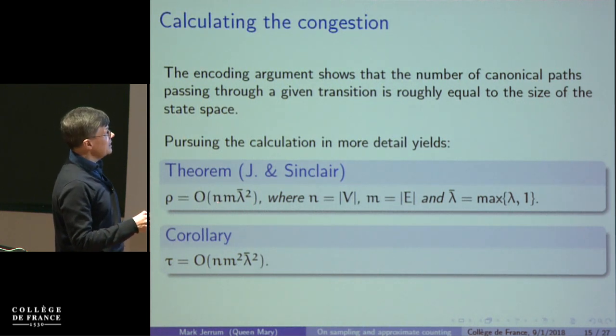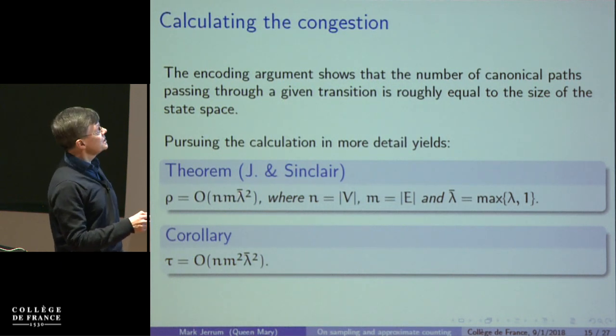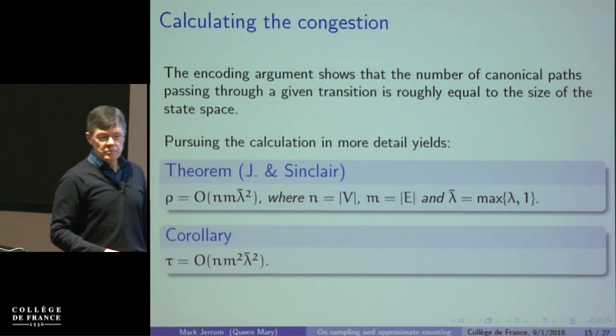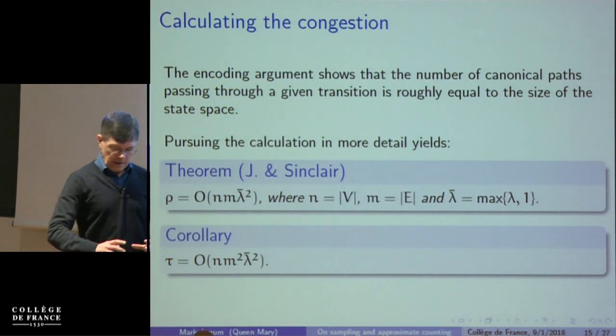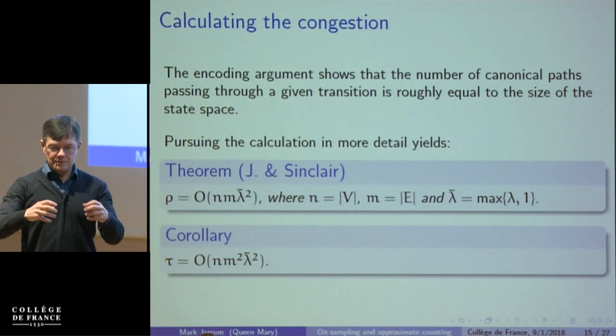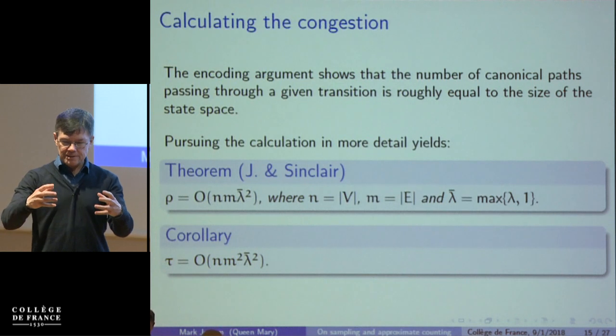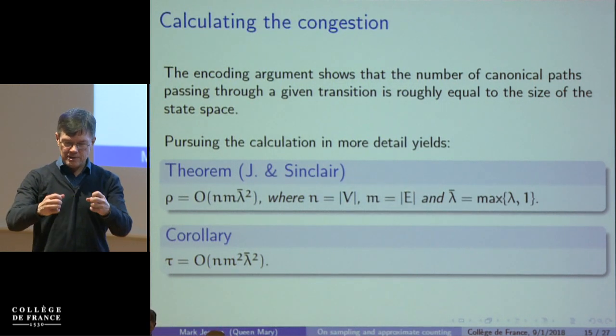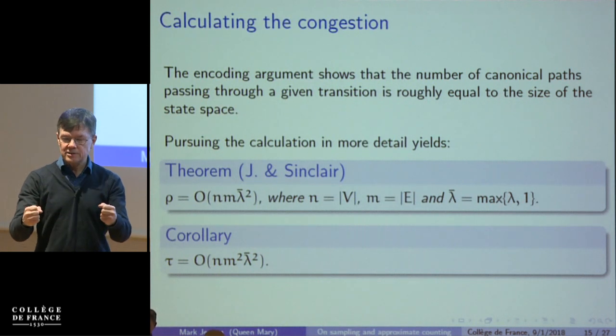So it's basically the number of vertices times the number of edges. It's certainly polynomial, at least. And there's an issue that the bigger the lambda, the more edges in the typical matching. And so the thing gets denser and denser.